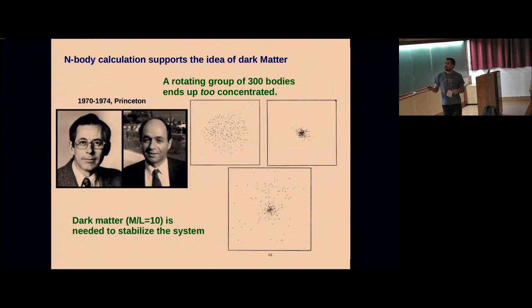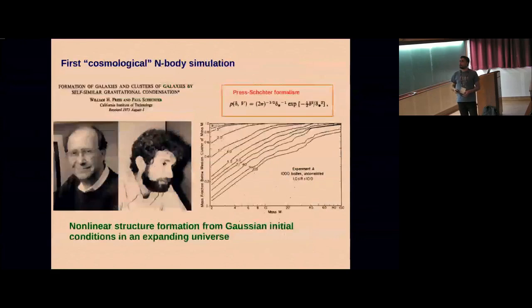And he realized that if you just let them evolve, they would very quickly end up in a collapsed structure in the center. It was a bit puzzling because he was trying to mimic how galaxies were. So he was asking, why don't galaxies just go down and settle in a small clump in the center? But anyway, these were essentially isolated initial conditions, one group of particles, and then just let them evolve.